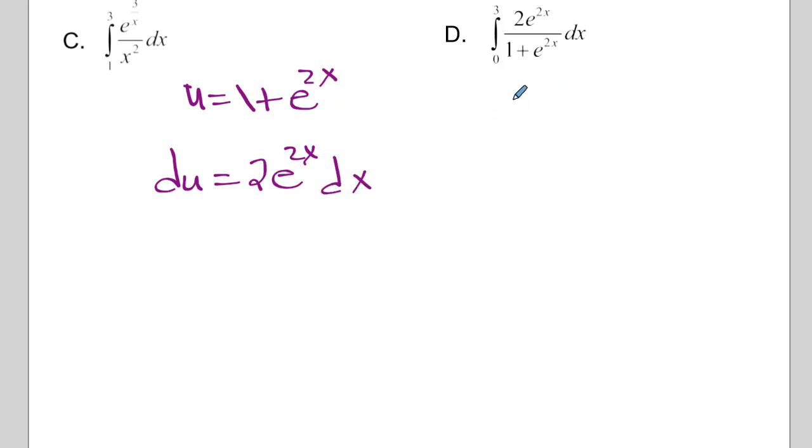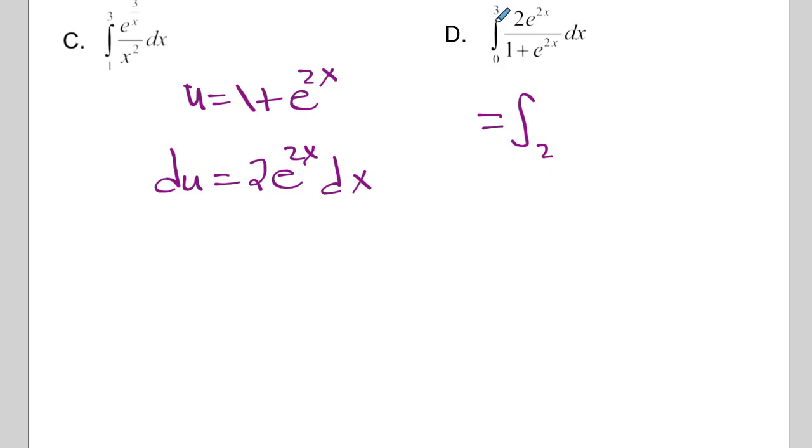Okay, so that said, this works out pretty simply for us. We are integrating. If I go ahead and plug in 0, e to the 2 times 0 is going to give us 1. So our new lower limit is 2.